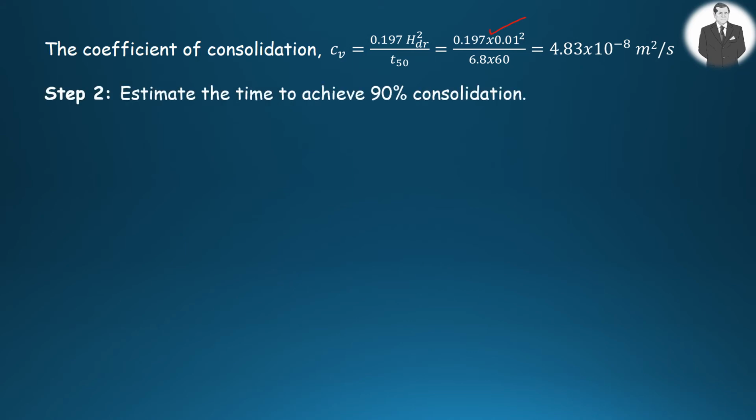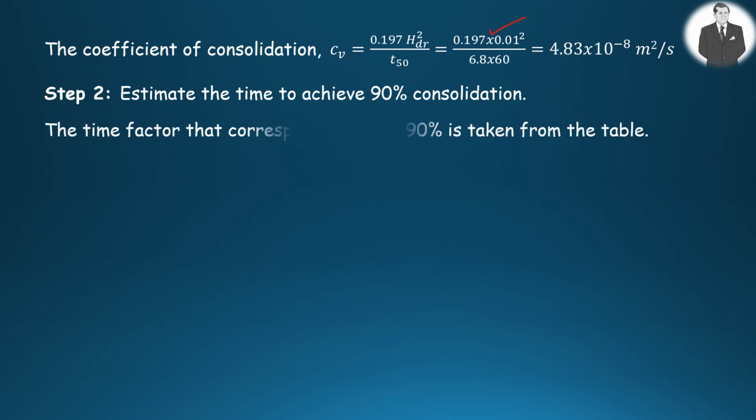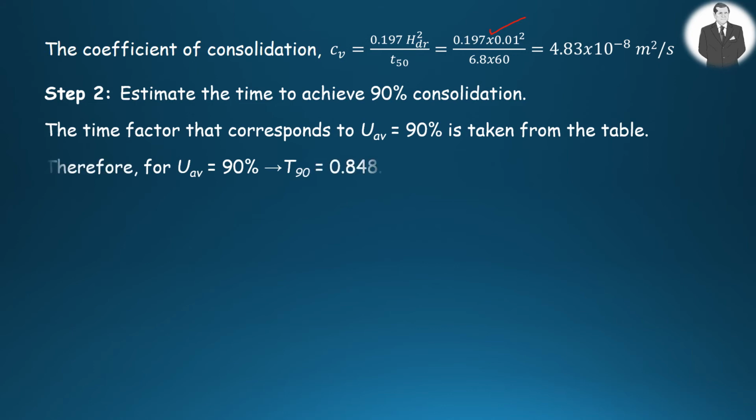The second step is to estimate the time to attain 90% consolidation. The time factor corresponding to 90% consolidation is taken from the related table, and therefore it is 0.848.